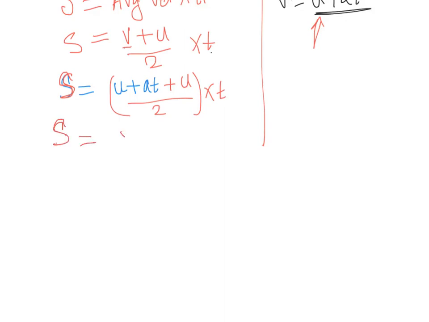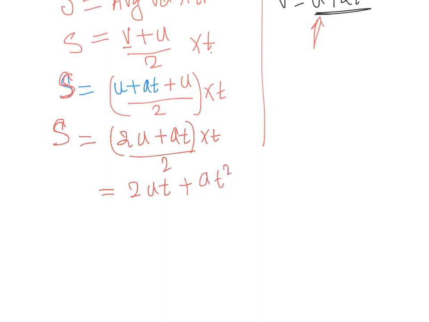U plus u is 2u plus at by 2 into t. We'll open the bracket so you can write 2ut plus at square by 2 by 2.